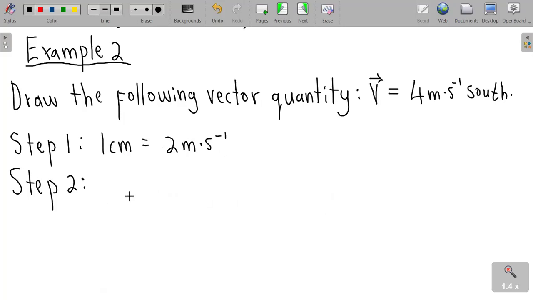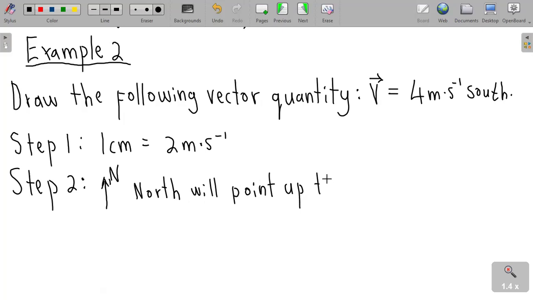And then step 2, we must decide on a reference direction. Again here, north will point up the page.